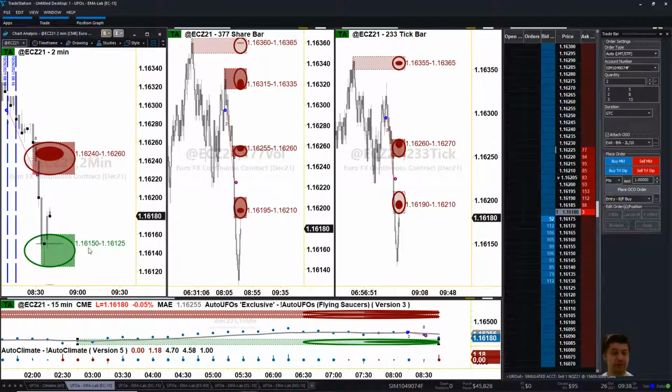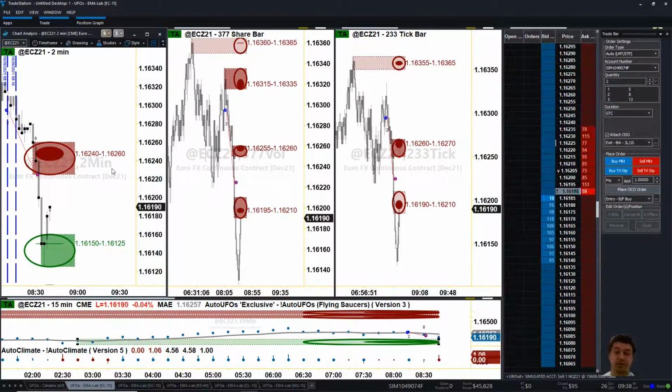Which is really not a problem at all to change your direction right on the fly, right? We got stopped out, and that's okay. Then it gave us an opportunity to go to the short side. We set up that trade, obviously it didn't fill us, otherwise we would have had our T2 on that. And because it was such a small risk trade, we actually decided to double down on the contracts. But unfortunately, we didn't get filled.